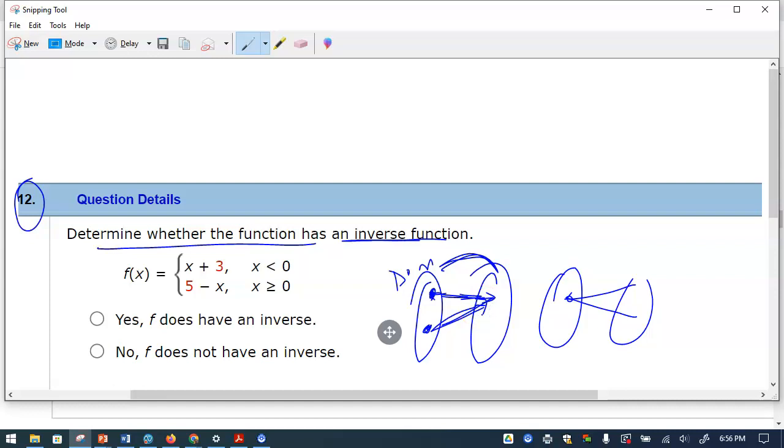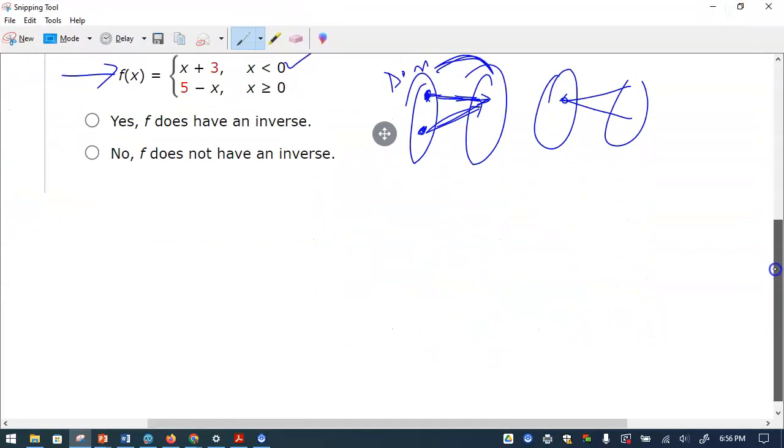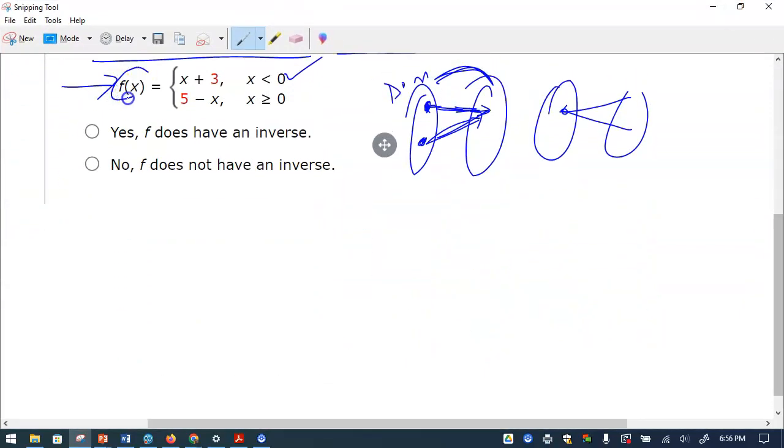So what we'll do here is, this is a piecewise function. So first let's take what this function means to us. So x plus 3. So what is f of x plus 3? And this is same as writing x plus 3.